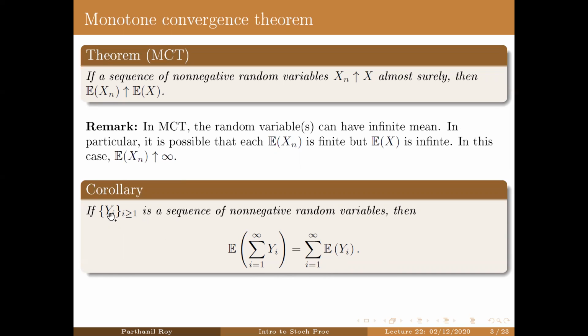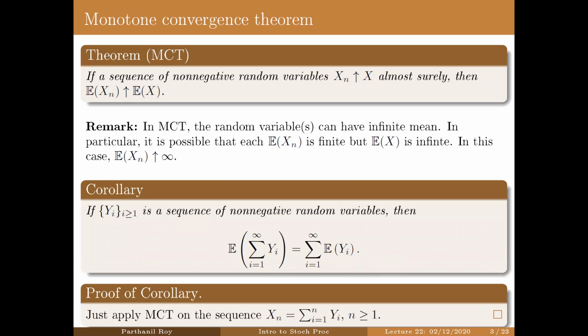This is true whenever you have a sequence of non-negative random variables. We have used this a couple of times, maybe more. We had expectation of a sum of indicators, and then we took it as a sum of expectations of indicators, and hence we got it as a sum of probabilities. We've used it now and again. So this is because of MCT.